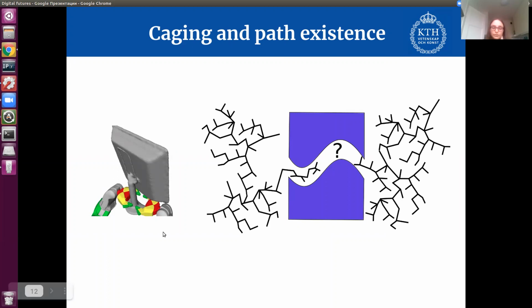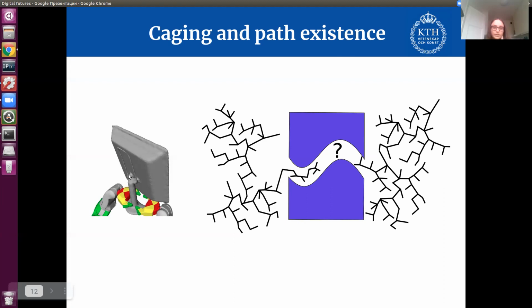Another highly related problem that comes from robotic manipulation is that of safely grasping, or as we also say in robotics, caging objects. So why are these problems kind of dual to each other? In the case of caging, when we want to restrict the mobility of this object here, we really want to understand whether there exists a path that leads our object from its initial position, where its mobility is bounded by the robot, arbitrarily far.